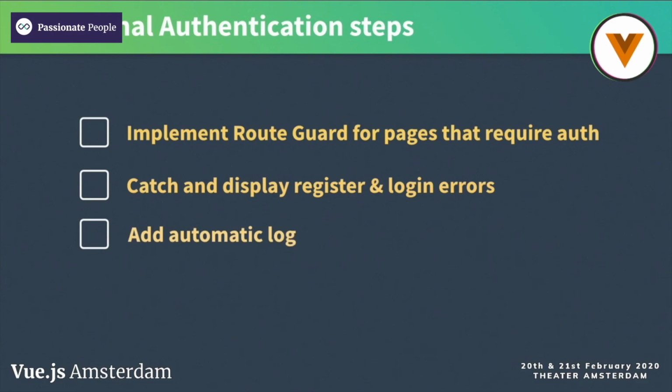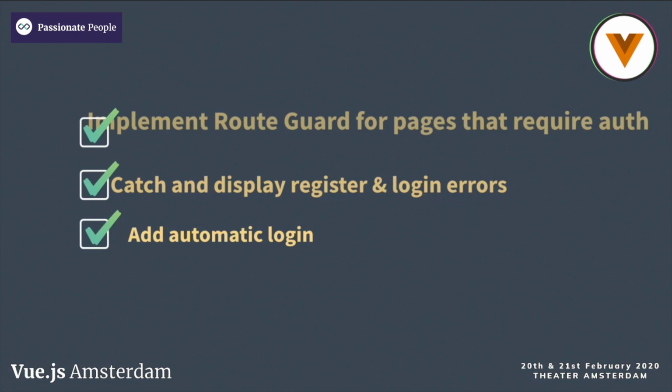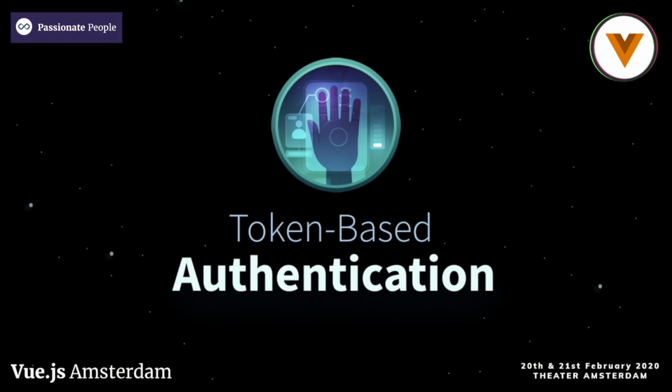And then there might be situations where you want to keep your user logged in, let's say for 72 hours or something like that, so we can add a feature for automatic login. I don't, unfortunately, have time to go through all of those in detail, but I do look at how those are implemented in my full token-based authentication course over on Vue Mastery.